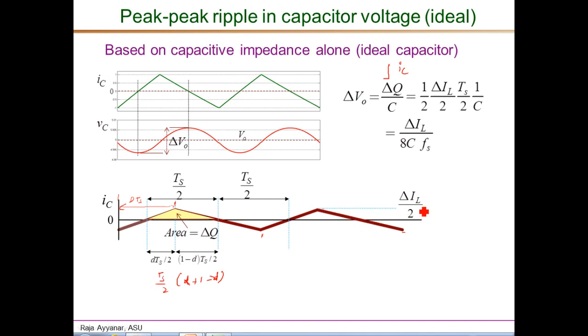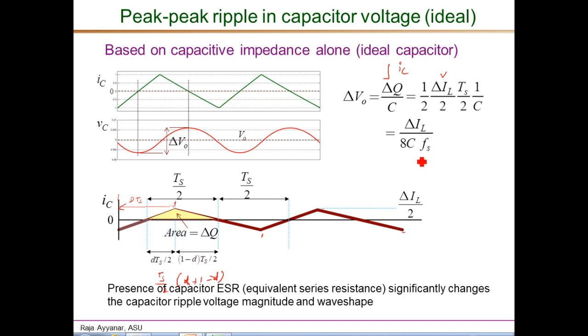Therefore, from 0 to the positive peak is delta IL over 2, and that is what is shown here. The duration we just established is Ts over 2, and divided by C, we get delta VO. So delta VO is delta IL, the inductor current peak-to-peak ripple, divided by 8 times C times Fs, since Ts has been written as 1 over Fs and comes here in the denominator. That is the final expression for delta V naught.